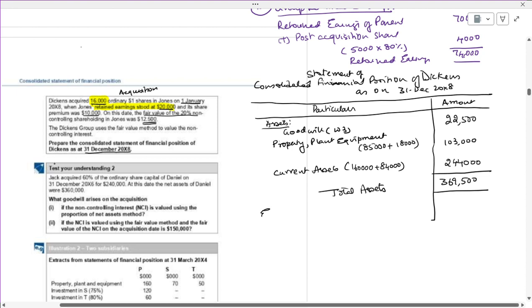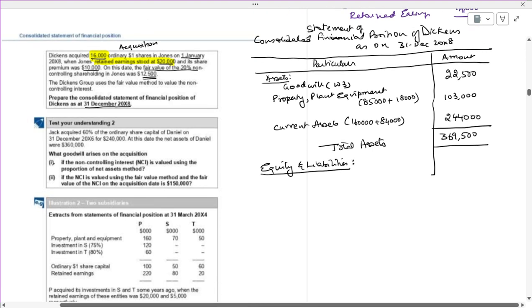Next, equity and liabilities. We take only the parent, and no subsidiary, only the NCI.